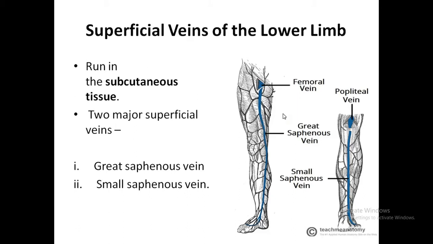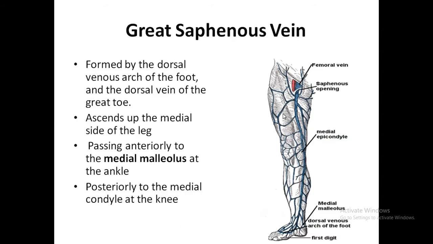So, coming to our topic, the superficial veins of the lower limb. Superficial veins, as we have discussed, run in the subcutaneous tissue and drain into the deep veins. In the lower limb, there are two major superficial veins, the great saphenous vein and the small saphenous vein. The great saphenous vein, also referred to as the long saphenous vein, is the longest vein in the human body.